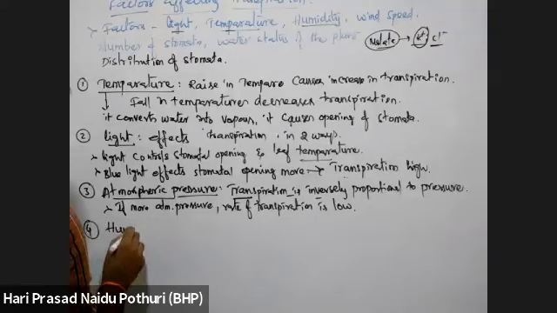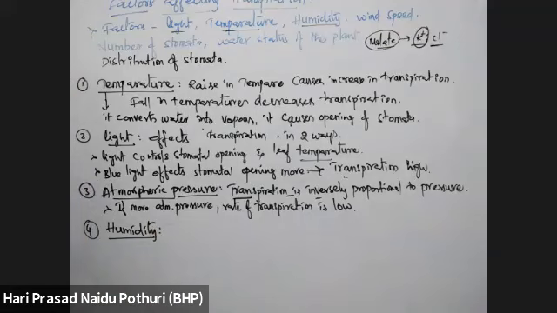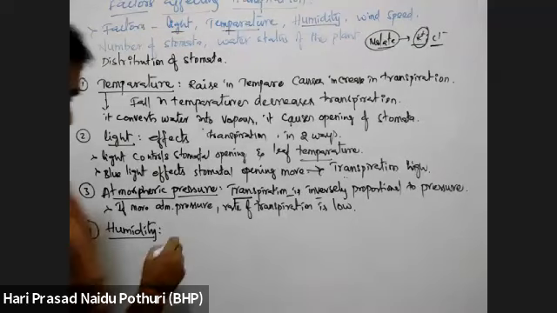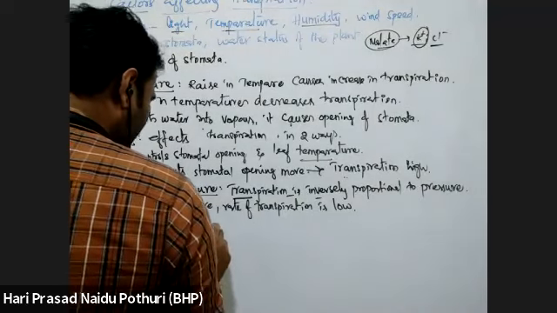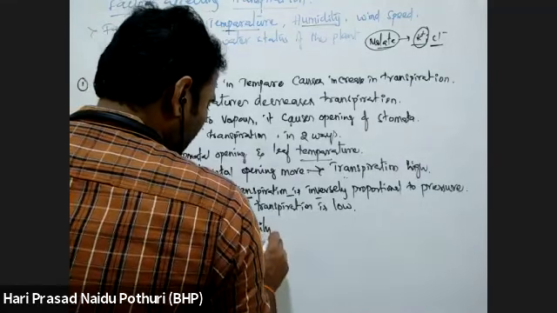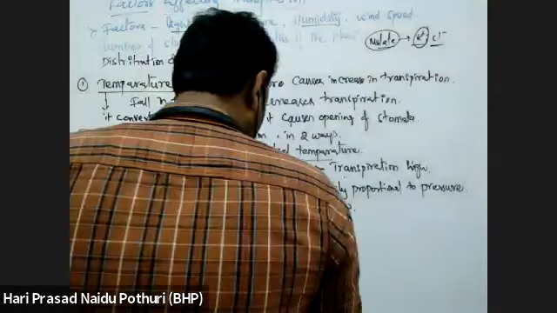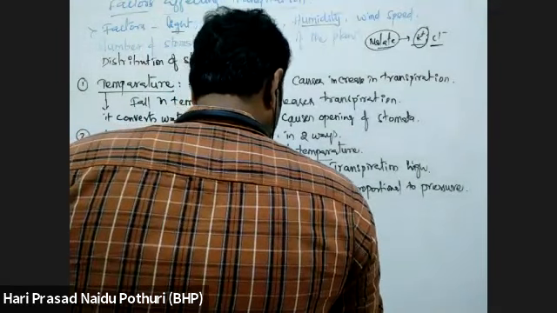Next, humidity. What is humidity? The water vapor or water content in the atmosphere is called humidity. At high humidity, if the atmosphere or environment has more humidity, the rate of transpiration will decrease.